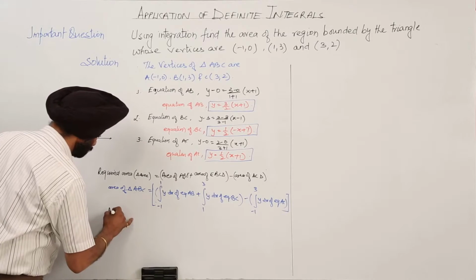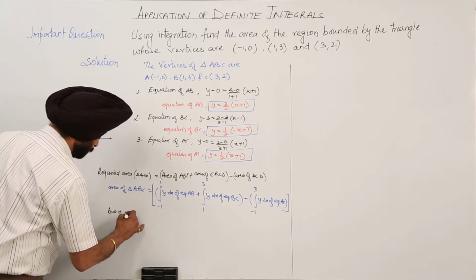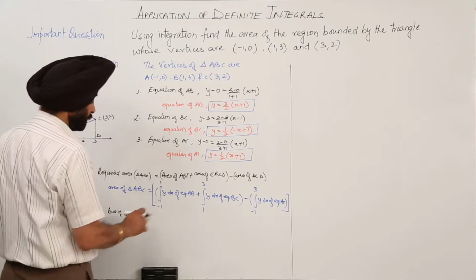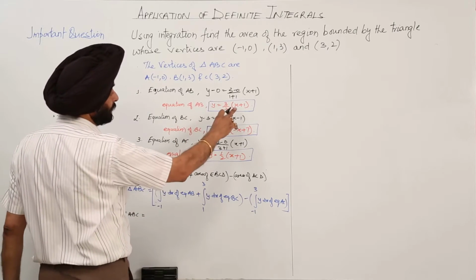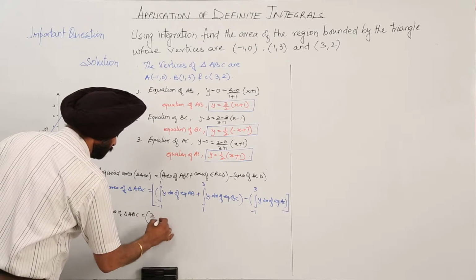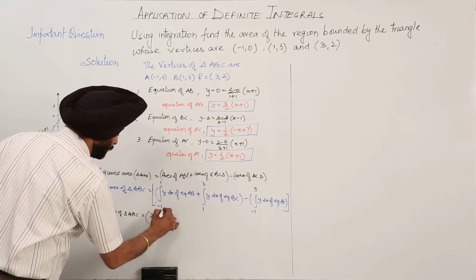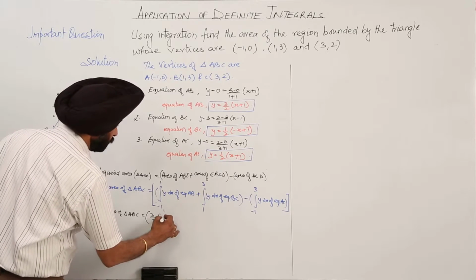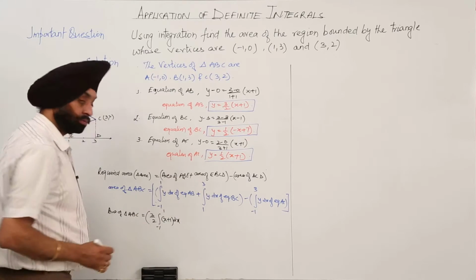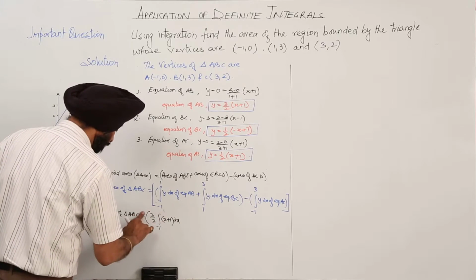So now the area of triangle ABC is equal to the equation of AB, that is the first part. So we write 3 by 2 times the integral from minus 1 to 1 of (x plus 1) dx, first thing.